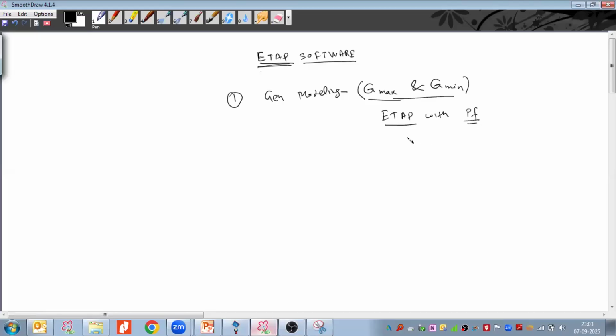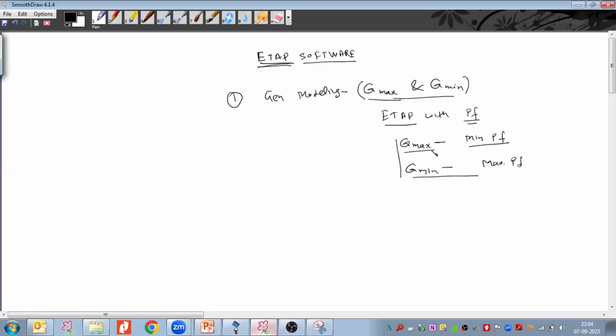Yes. So how to find out the Qmax with the help of the minimum power factor? With the help of the minimum power factor, this value gives the Q maximum, and for the Q minimum, with the help of the maximum power factor, so that we get the Q max and Q minimum.